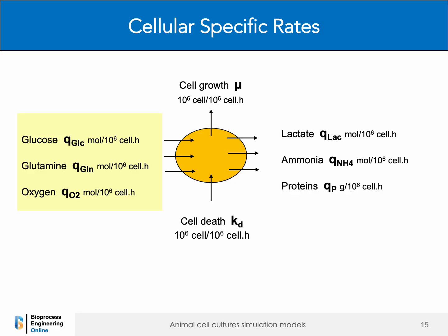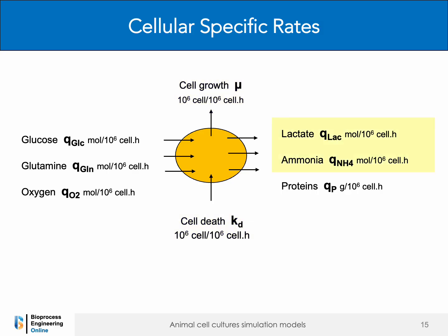The first group of kinetic variables is the specific substrate consumption rates, expressed in moles consumed per million cells per hour. Typical examples are QGLC for glucose, QGLN for glutamine, and QO2 for oxygen. Next are the specific cell growth rate, mu, and the specific cell death rate, KD, both expressed in reciprocal hours.